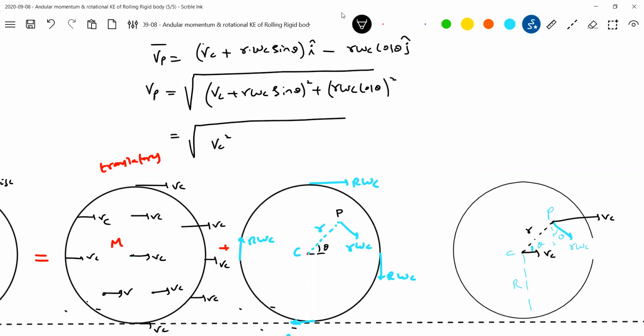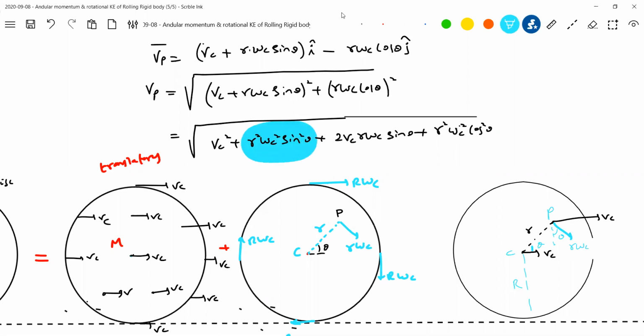So this will be Vc square plus R square omega square sine square theta plus 2 Vc R omega c sine theta plus R square omega c square cos square theta. Any quantities you can make common: R square omega c square.